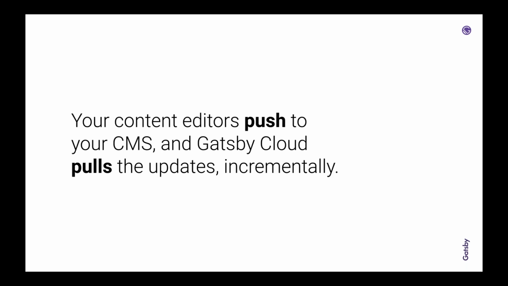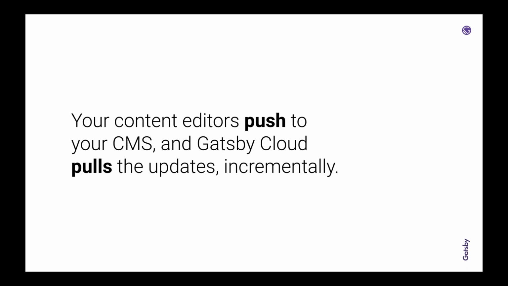Let's tweak this metaphor and go a little bit further and make it a little more concrete. Your content editors push, they publish to your CMS, and Gatsby Cloud pulls the updates, the diff, incrementally. This is very similar to how something like GitHub works: keep pushing content, keep publishing content, and Gatsby Cloud will just pull the minimal amount of changes to get consistent, not the entire data model.